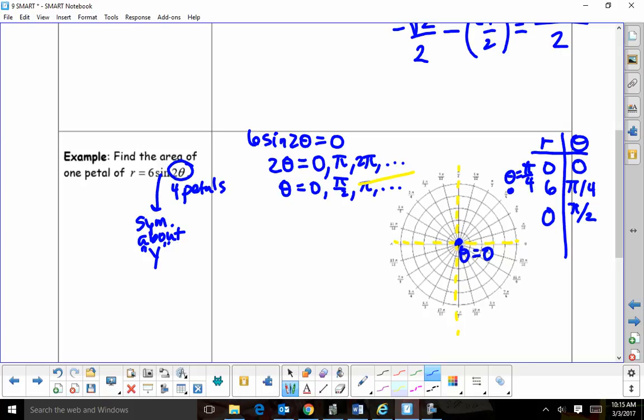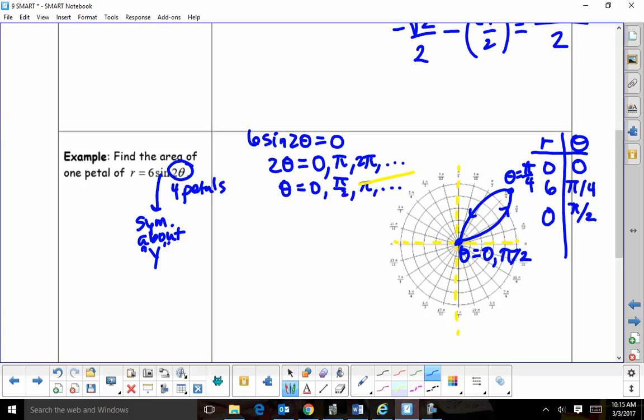And remember, we're sweeping, and they told us that it's a petal. So this right here gives me everything I really need to graph the rest of that. Do I really need to go and do anything other than that?